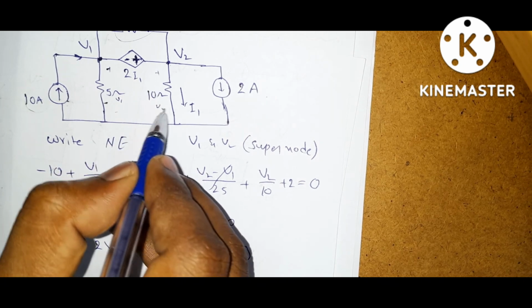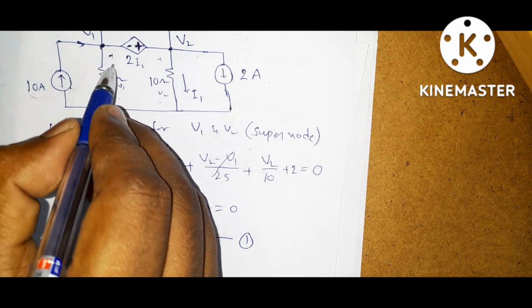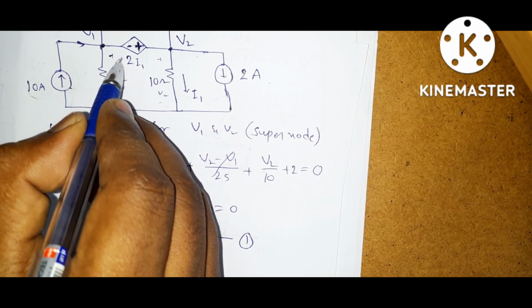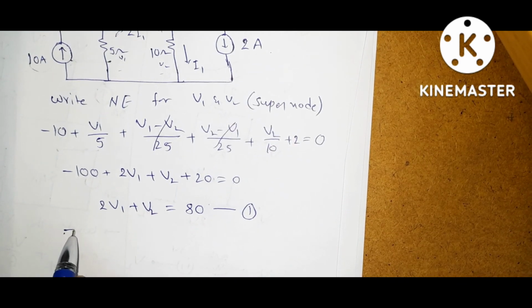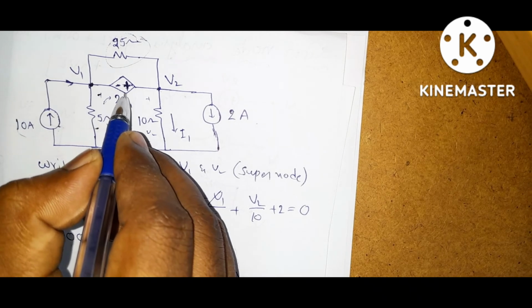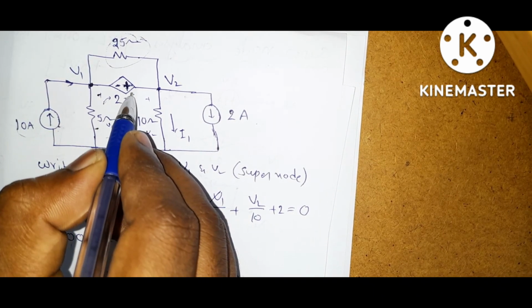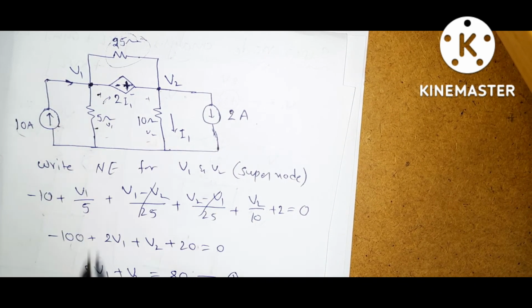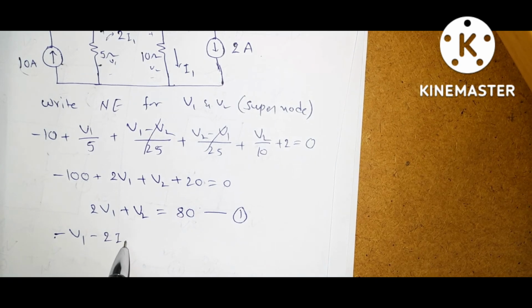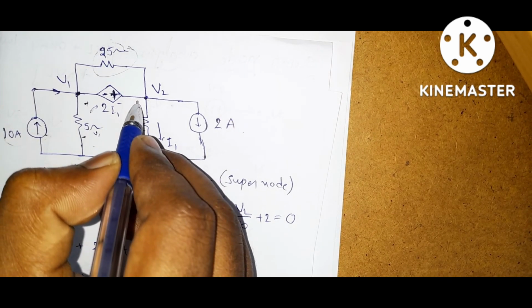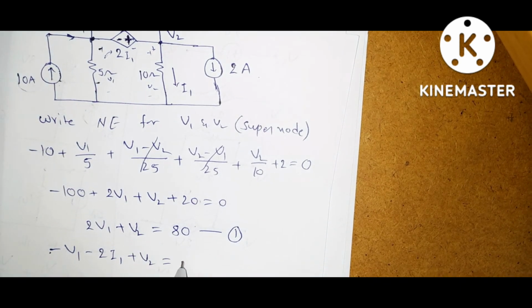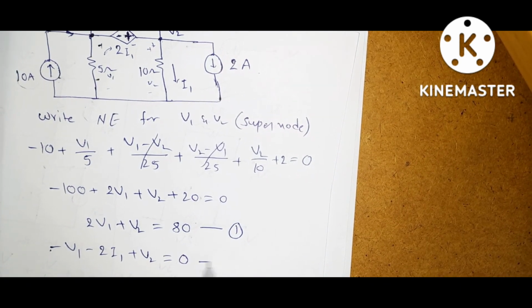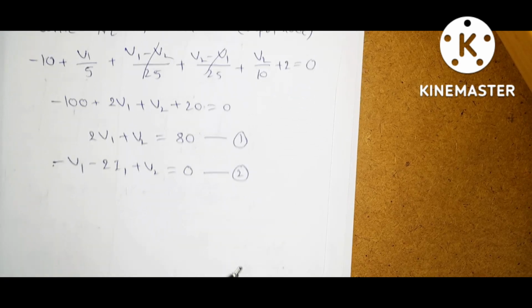Here it is plus v2. Here the current is leaving the positive terminal of v1, so it is minus v1. And here also current is leaving the positive terminal of this dependent source, so it is minus 2i1. Here the current is entering positive terminal, so it is plus v2 is equal to 0. Let it be equation 2.